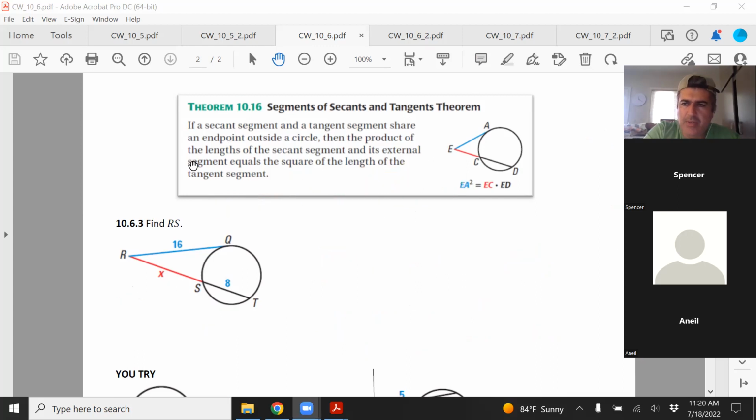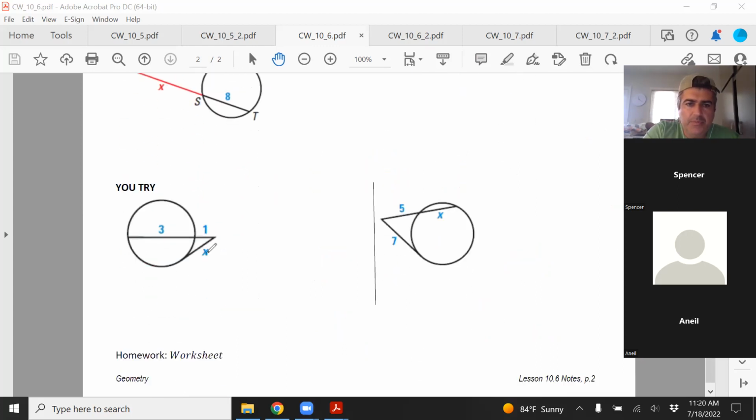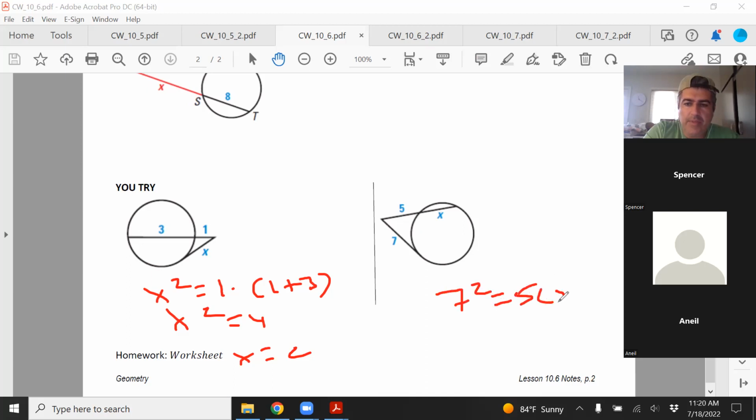I do the ones that are a little easier. Let's do this one here. x squared equals 1 times 1 plus 3. So x squared equals 4, x is 2. Then here, you're going to say 7 squared equals 5 times 5 plus x.